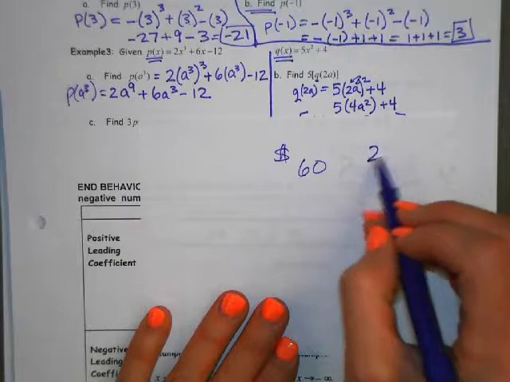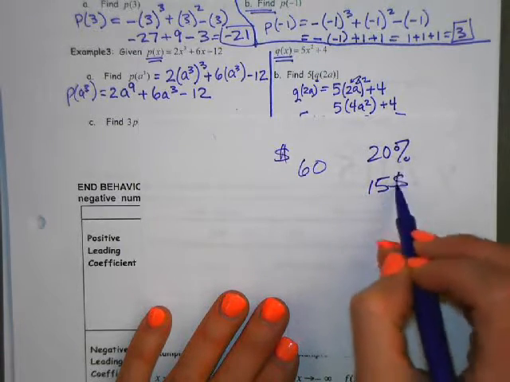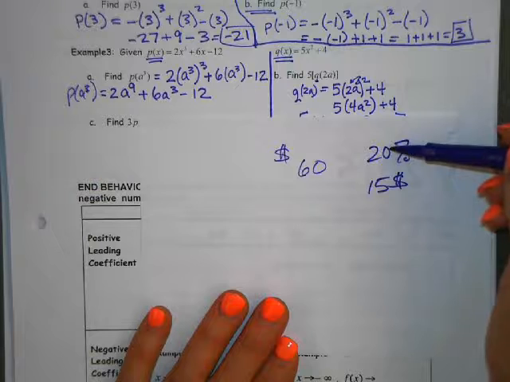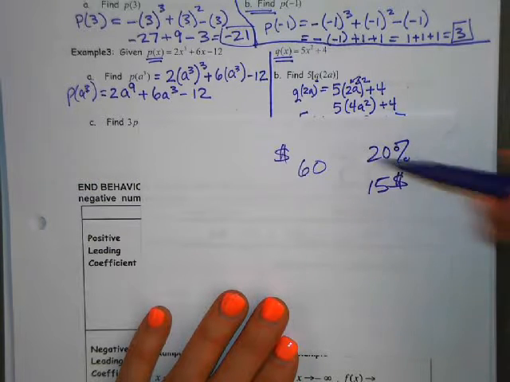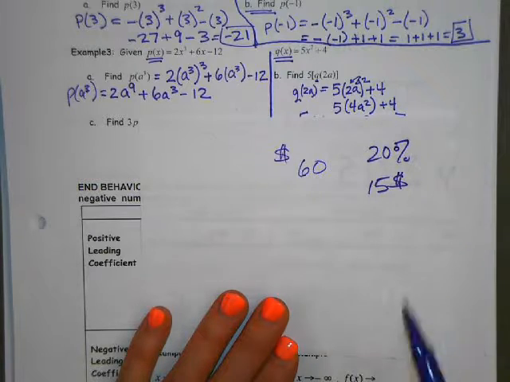I have a 20% off, and I have a $15 gift card. So I want to know if I will save more money by getting the discount first and then using my dollars, or using my dollars and getting a discount. You'll save more money if you use your discount first.